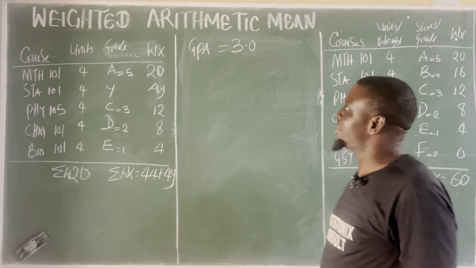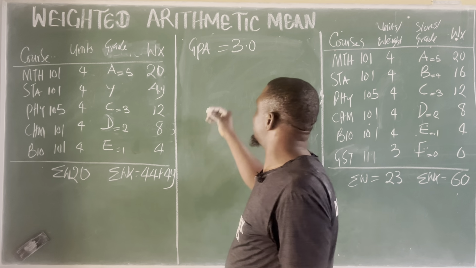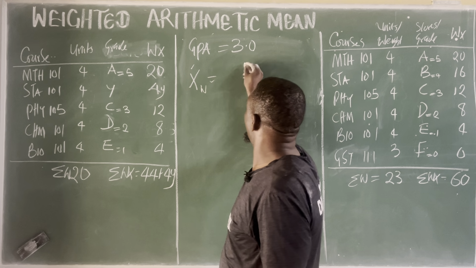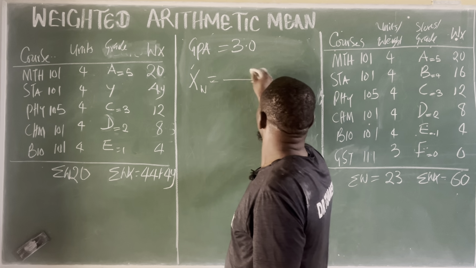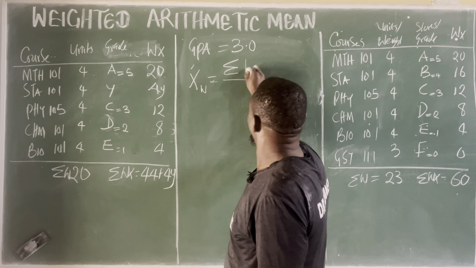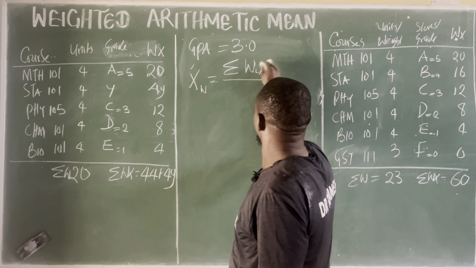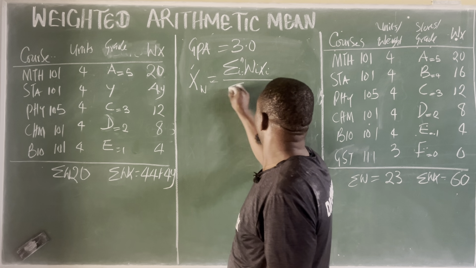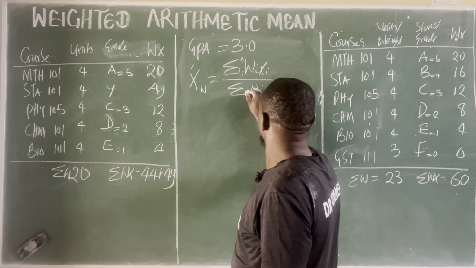Now, in that case, remember that our weighted arithmetic mean is equal to the summation of wixi, as i goes from 1 to n, all over the summation of wi.